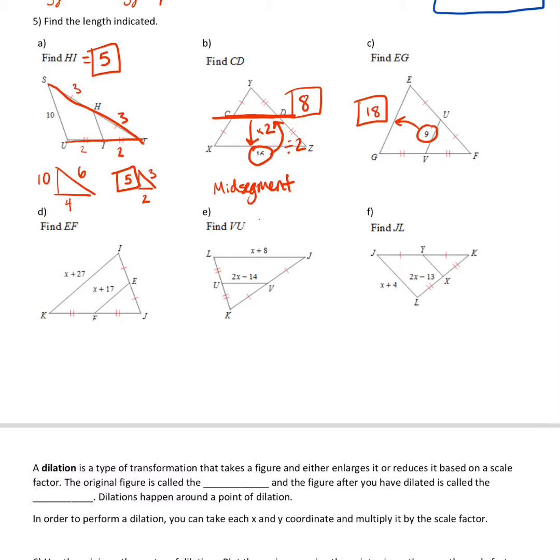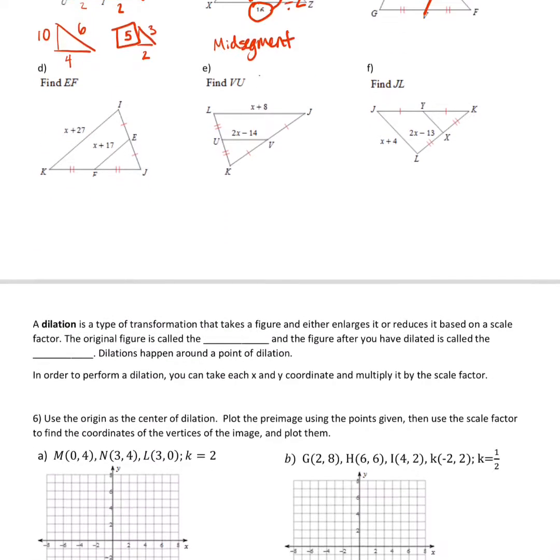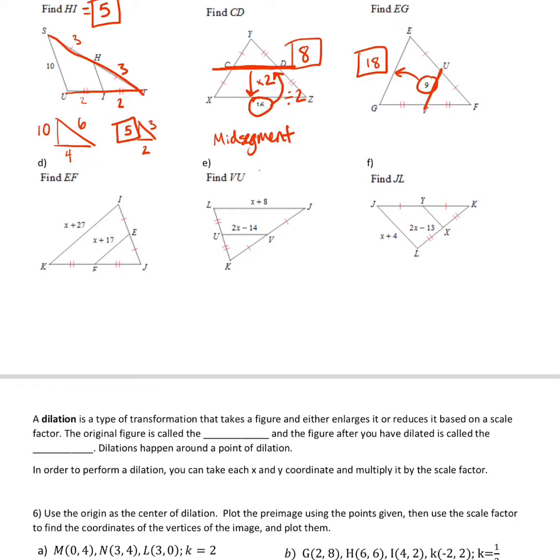So that's what's happening there. We're always doubling the shorter side to get to the longer side. Now, if I come to write equations with that, we'll still keep that showing. I see it's a midsegment, so I know I've got to double that.